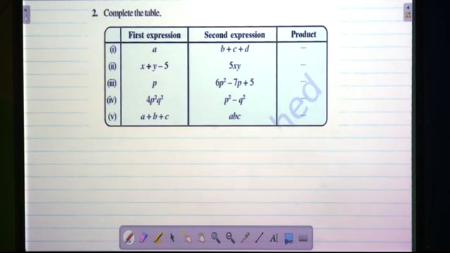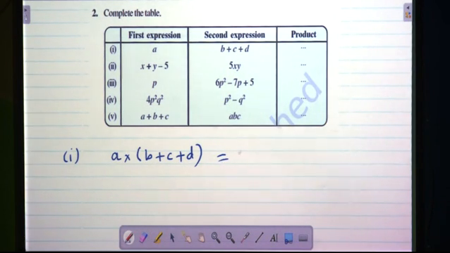Now the first one, what is the first expression? A. With whom we have to multiply? B plus C plus D. This is the second expression. We want the product here of the first one. This is the first sum in the table. So what happens?